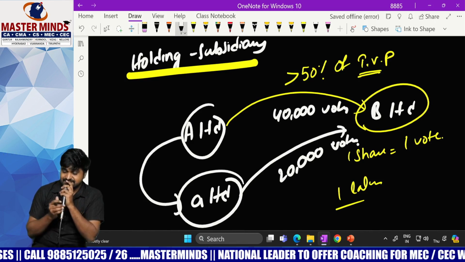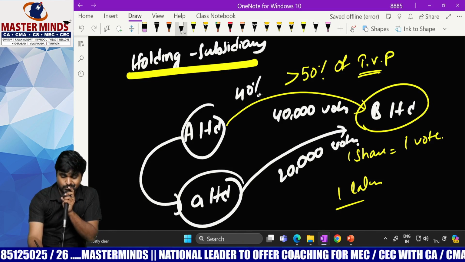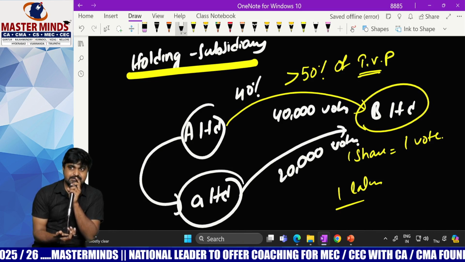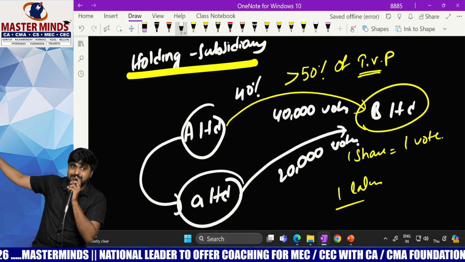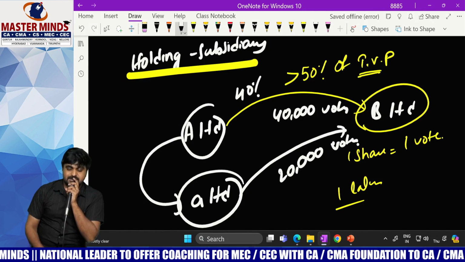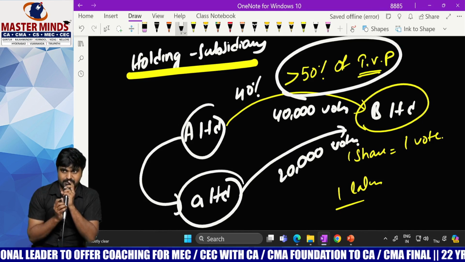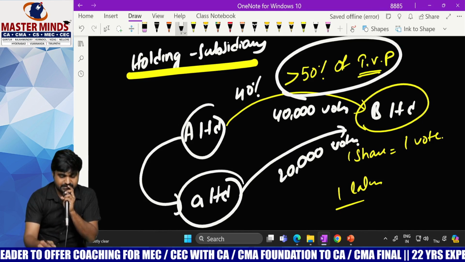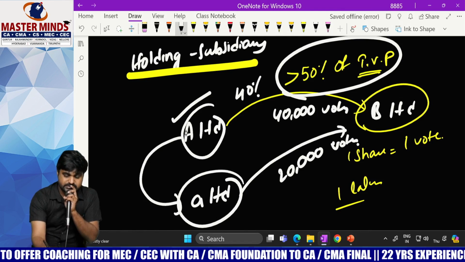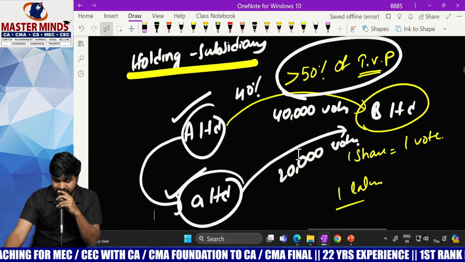But what is the exact holding of capital A Limited? Only 40%. It is not more than 50%. Then how can you say that capital A Limited is the holding company? Because while calculating this 50% of total voting power, we need to take the votes held by this company along with its subsidiaries.